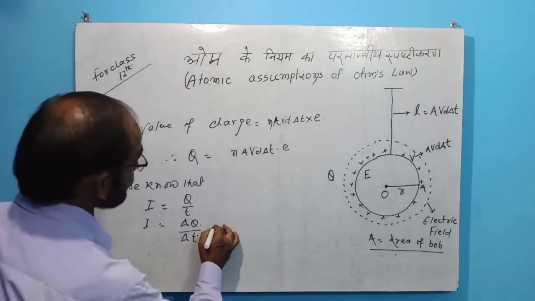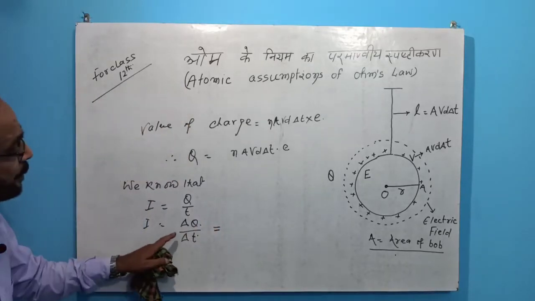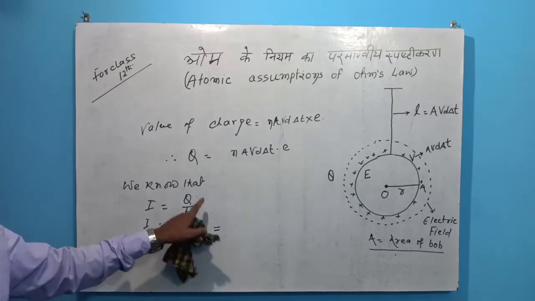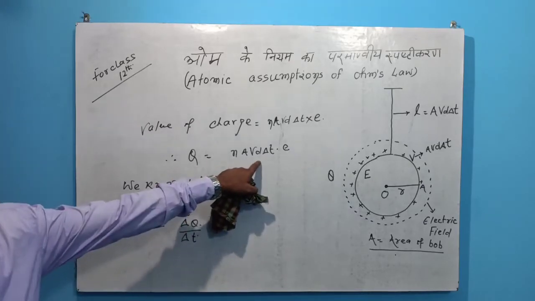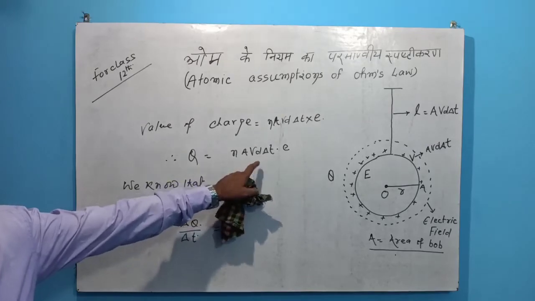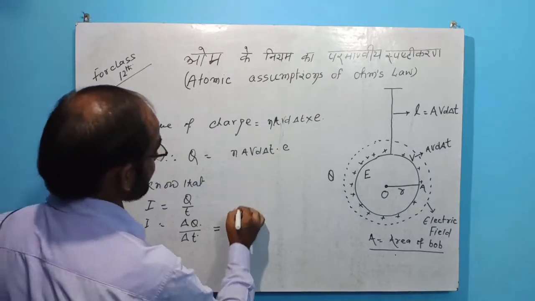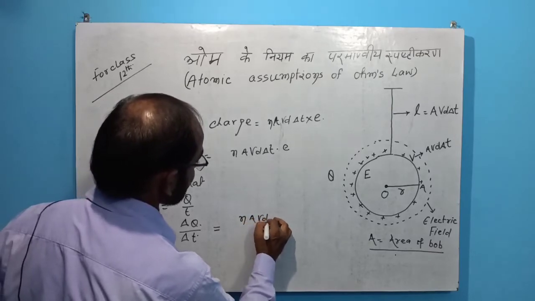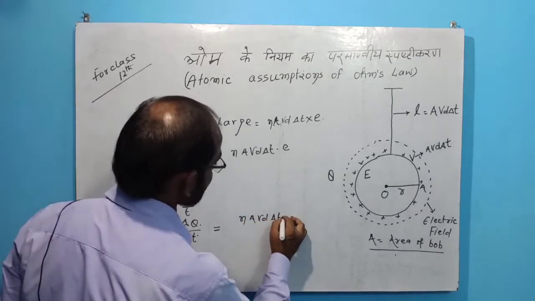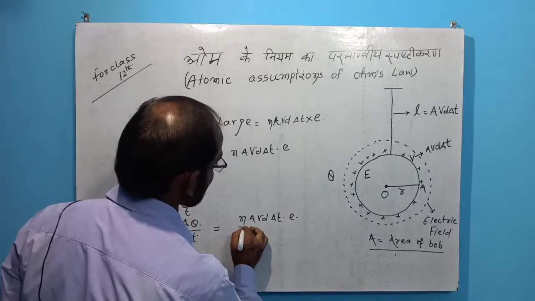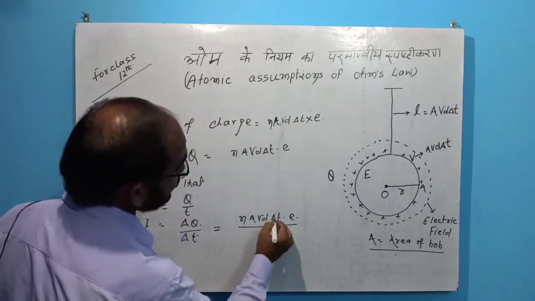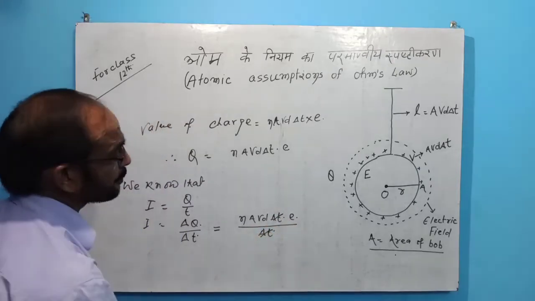This is written as n A Vd del T upon E into E upon del T. This may be cancelled.